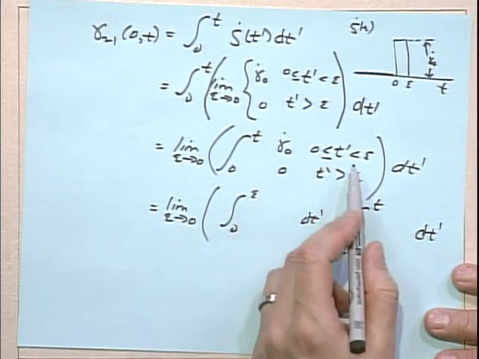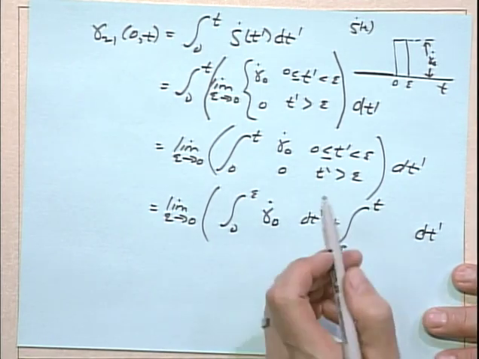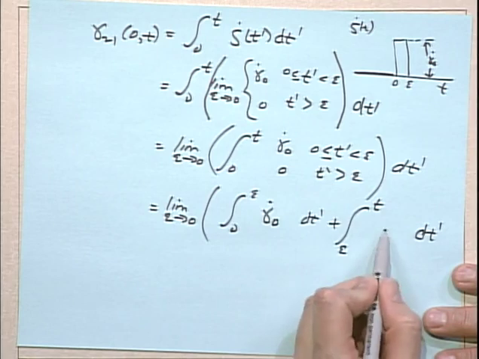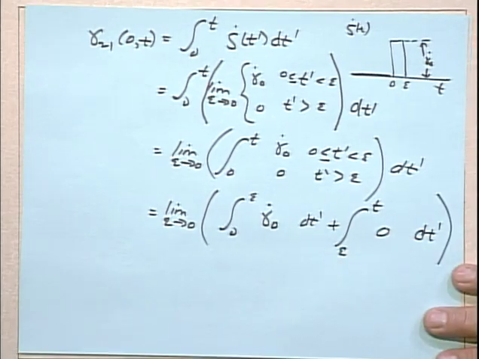From 0 to epsilon, it's gamma dot naught. And when t prime is greater than epsilon, it's 0. So these are discrete functions, and I know you haven't used them that much, but we use them a lot.